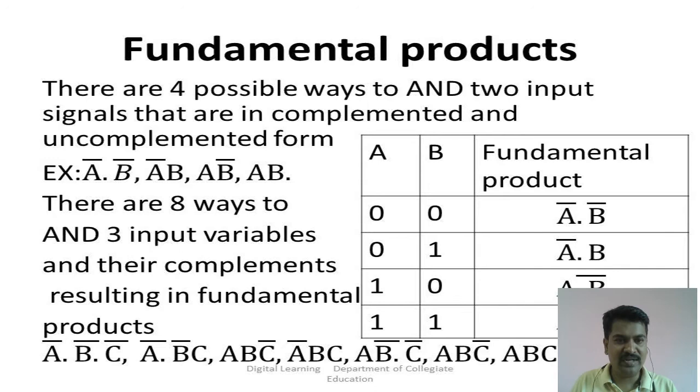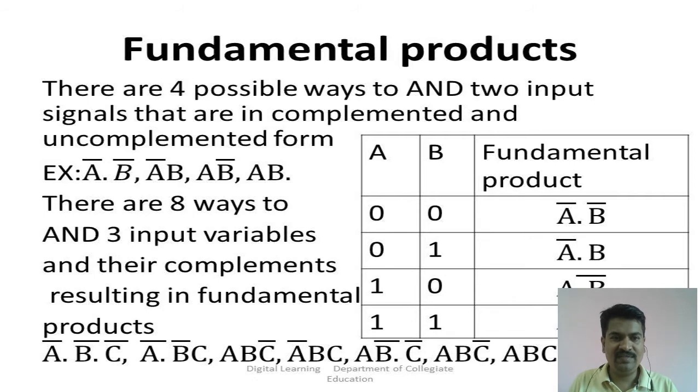Then A B bar, where B is complemented; A bar B, where A is complemented; and the last one is A bar B bar, where both inputs are in complemented form. These are the four ways we can represent the product of two input variables.